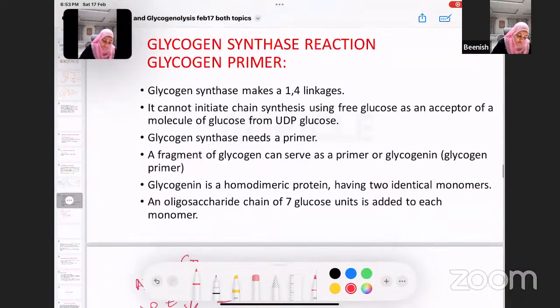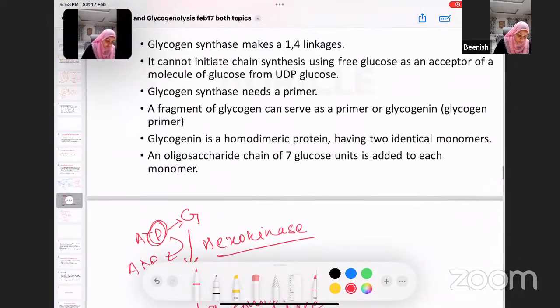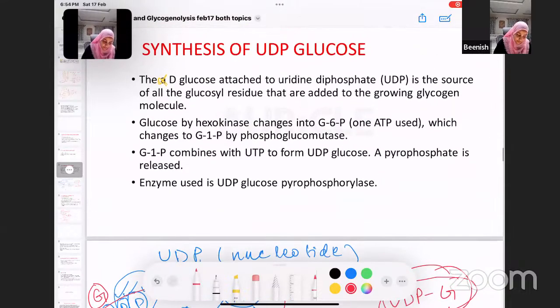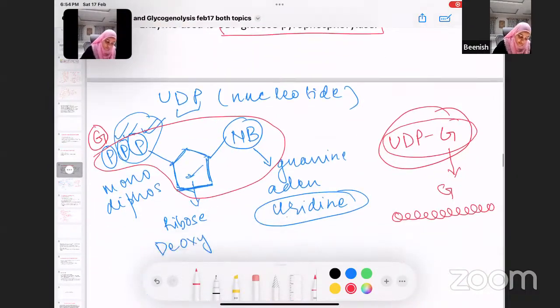So your glucose 1-phosphate combines with a UTP to form your UDP glucose. The enzyme used is UDP glucose pyrophosphorylase.